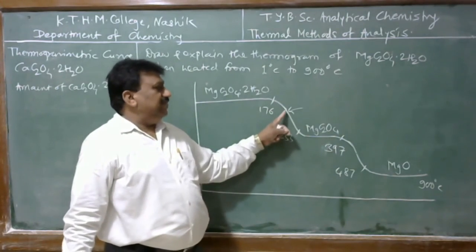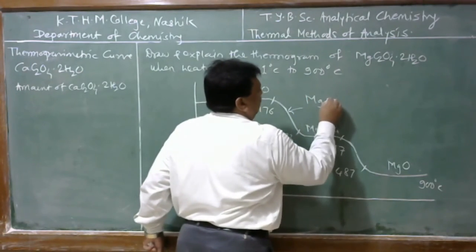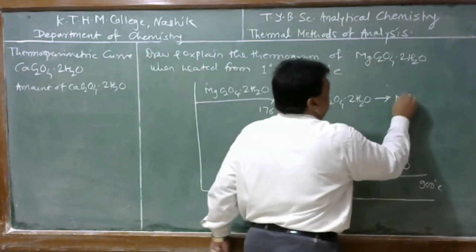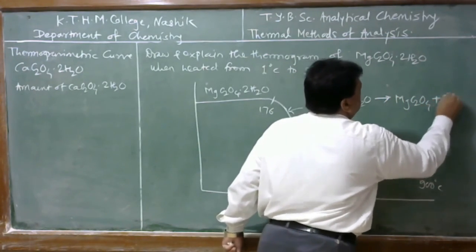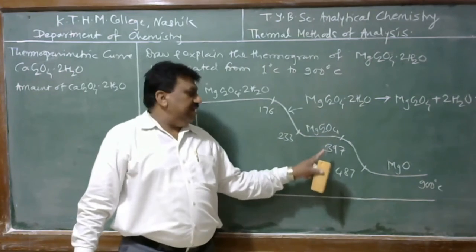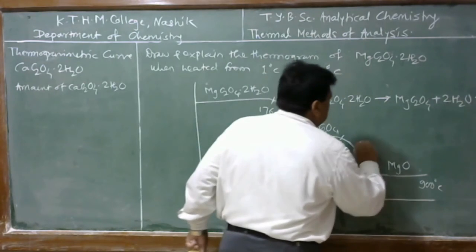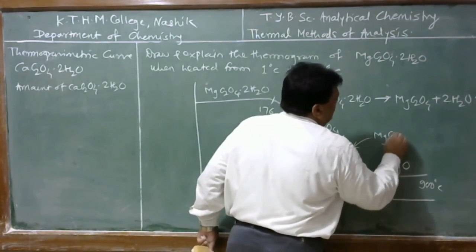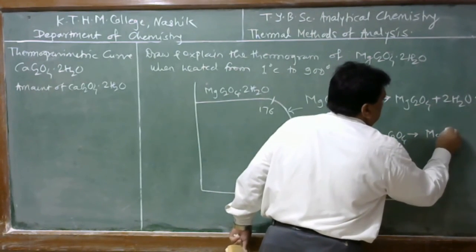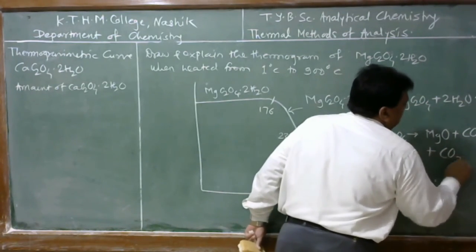In the first stage of decomposition, there is loss of water molecules. MgC2O4·2H2O is converted to anhydrous MgC2O4 plus 2H2O lost. Therefore, magnesium oxalate thus formed is stable up to 397 degrees centigrade. When temperature is greater than this, this magnesium oxalate loses carbon monoxide as well as carbon dioxide.